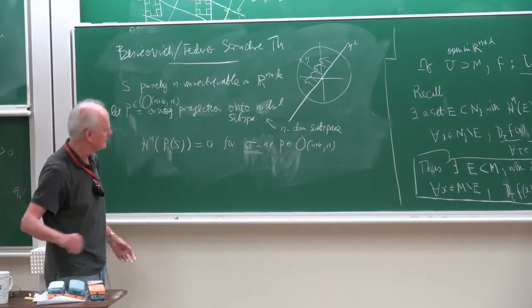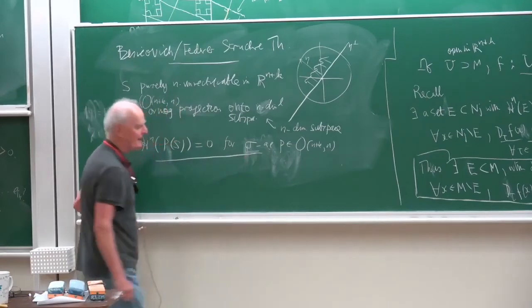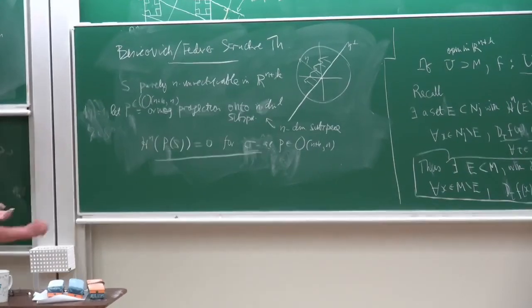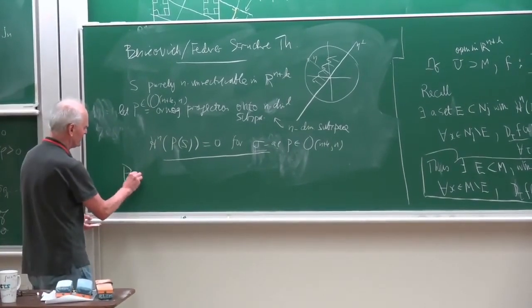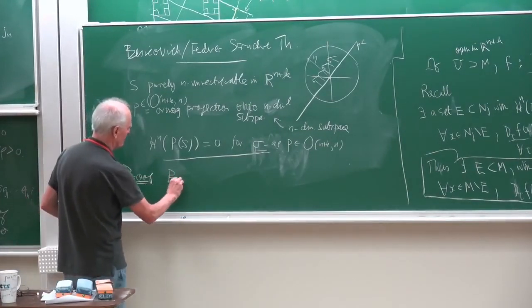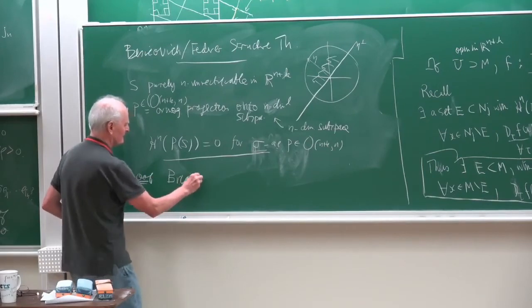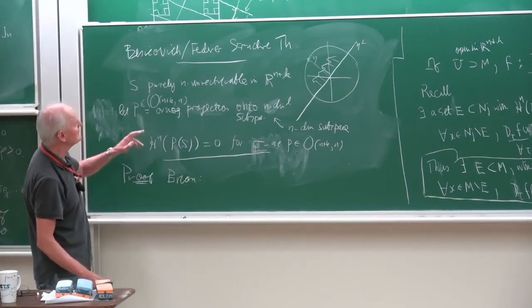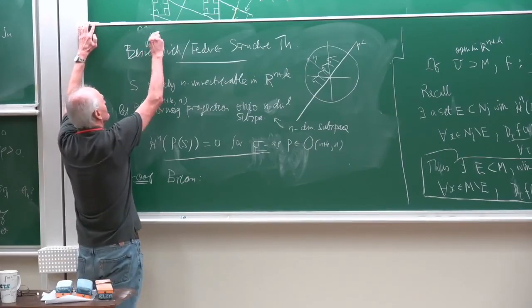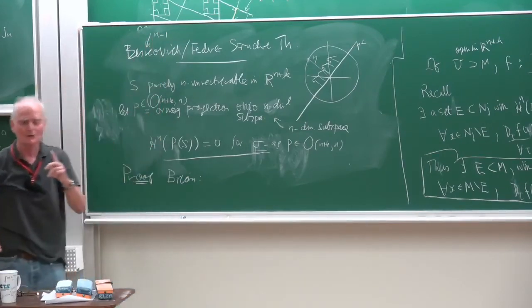And by the way, if you're really brave, you might want to look at Federer's proof in his book, but there's a much easier proof now. If you want to look this up, there's a proof due to Brian White where, by an inductive argument, he reduces the n-dimensional case. Besicovitch did the one-dimensional case, which is highly non-trivial, by the way.